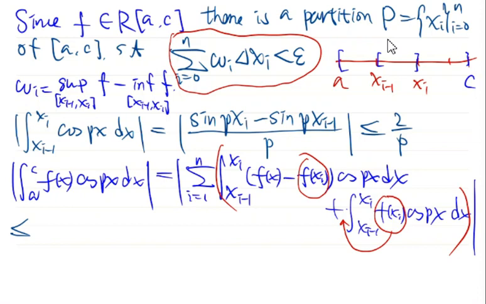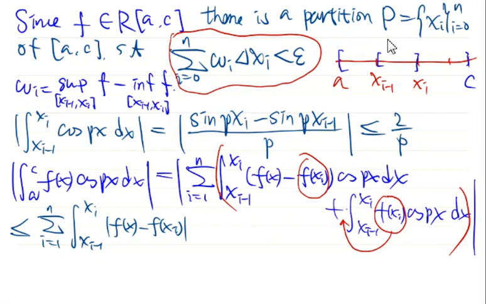Okay, therefore our estimate is the sum of the integral of |f(x) - f(x_i)|.